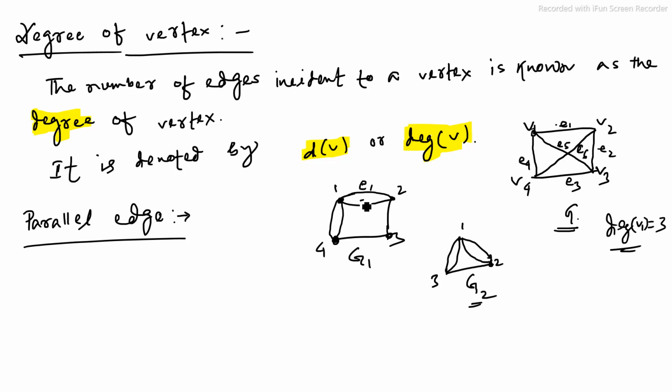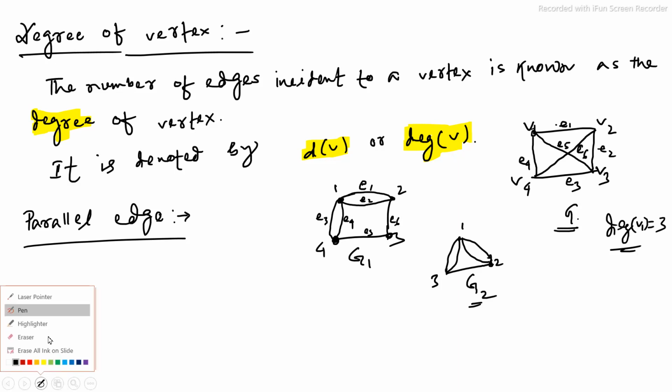See, E1, E2, E3, E4, E5, and E6. So in this graph there are 6 edges. And these are the parallel edges. In this graph, these are the parallel edges.